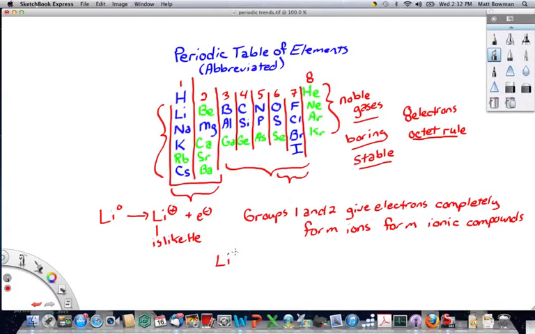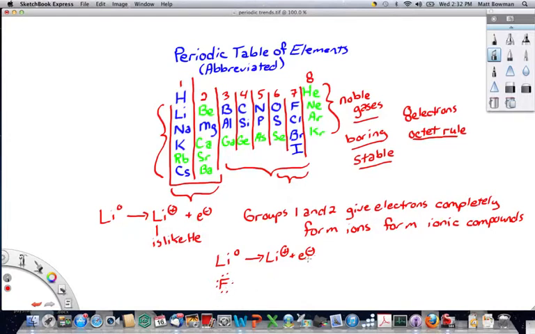Say lithium gives up 1 electron. Well, fluorine is in group 7. That means fluorine has 7 electrons around it: 1, 2, 3, 4, 5, 6, 7. Each of those dots represents an electron.